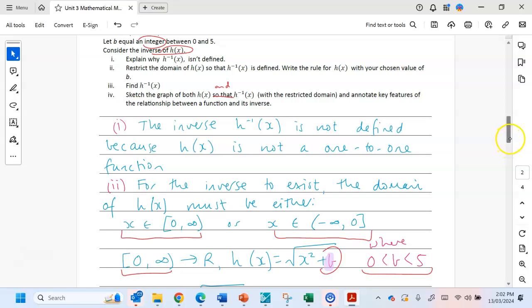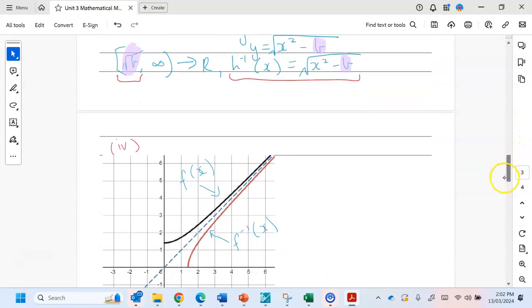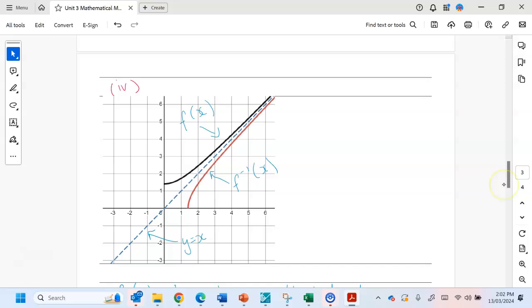I feel like that should be sketch the graph of both h of x and the inverse of h and annotate. Okay, yeah, so I don't know why the words say that. So, all right, so there's the graph of f of x and its inverse.